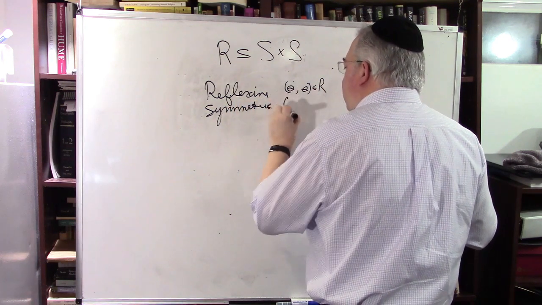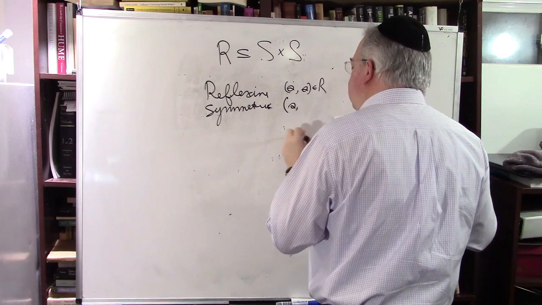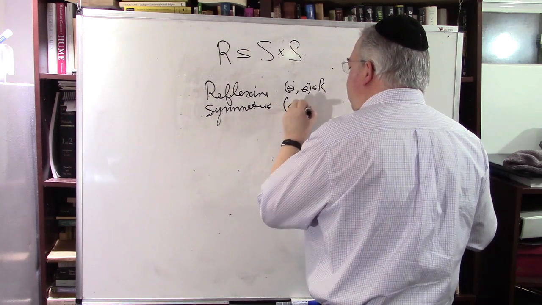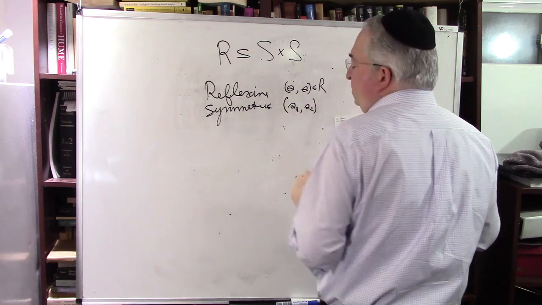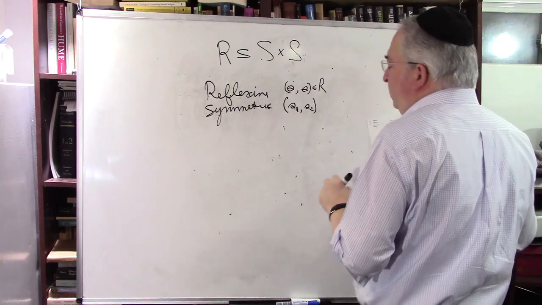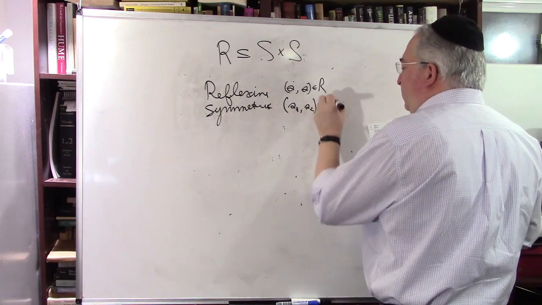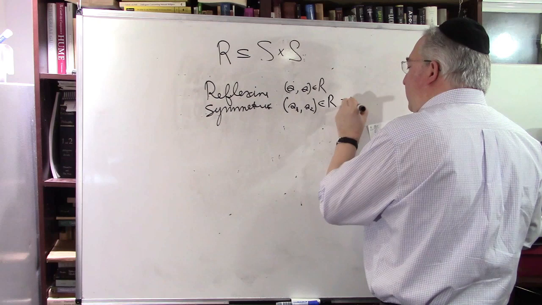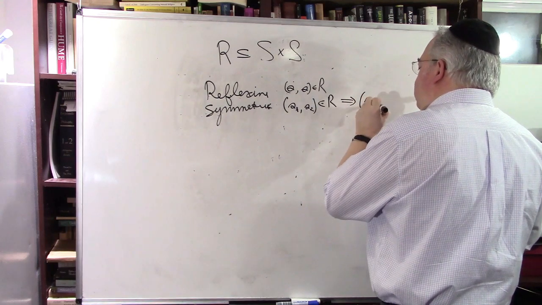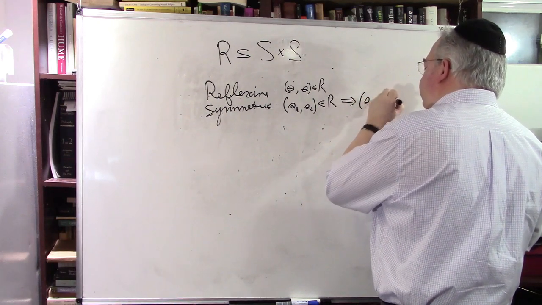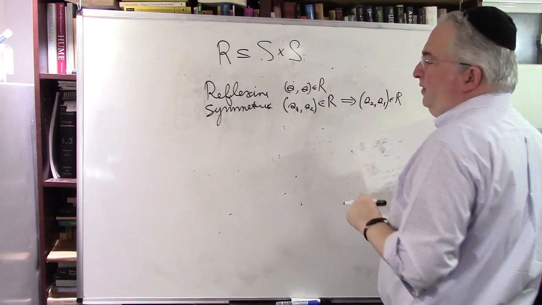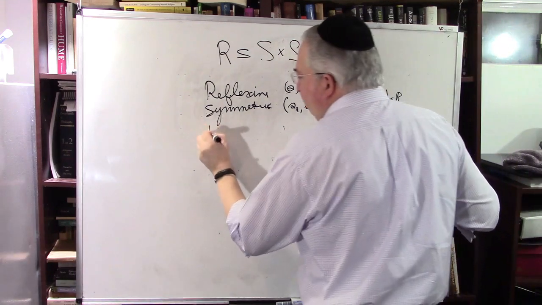It means if S1 comma S2, if S1 is related to S2, that implies that S2 is related to S1.